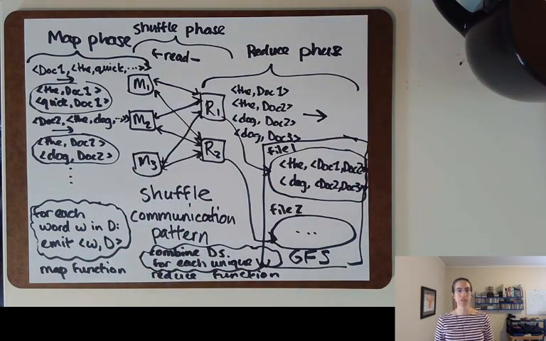Now, of course, there's still the possibility that a machine can fail, right? So MapReduce has accommodations for that. MapReduce does checkpointing. MapReduce is fault tolerant, right? You don't have to start all over from the beginning should there be a failure.